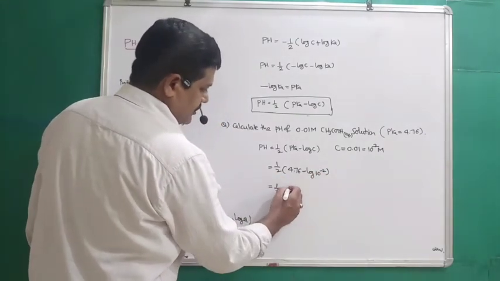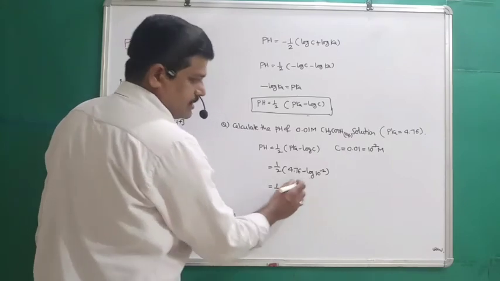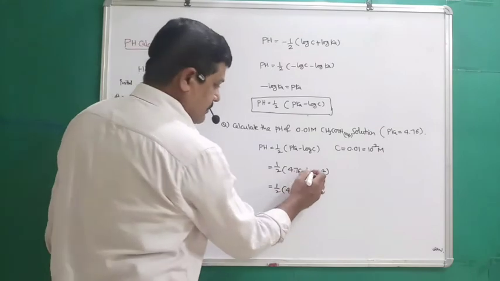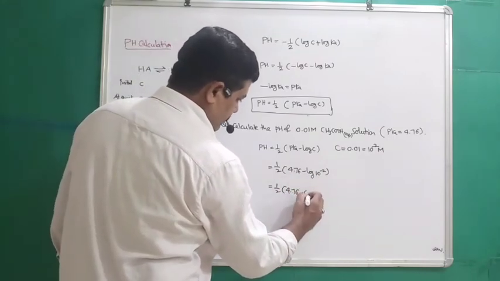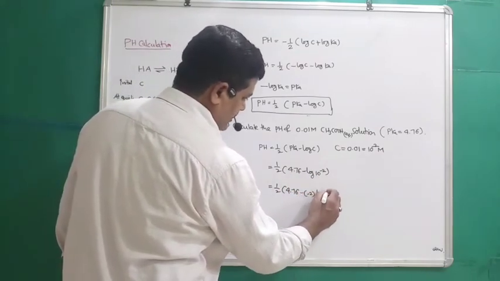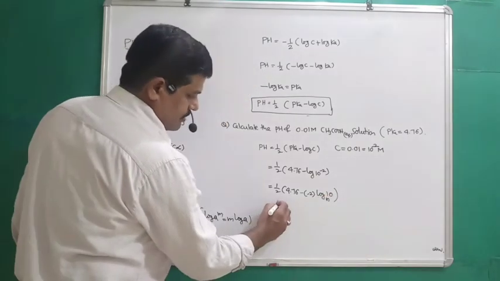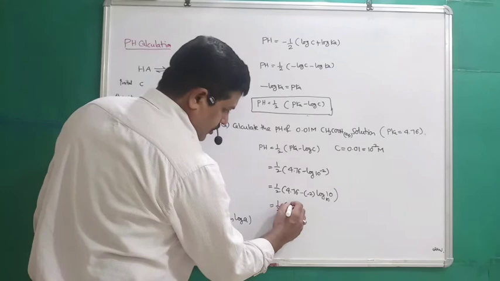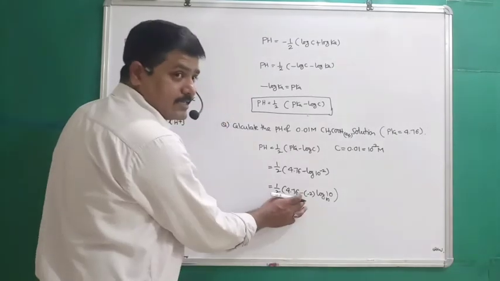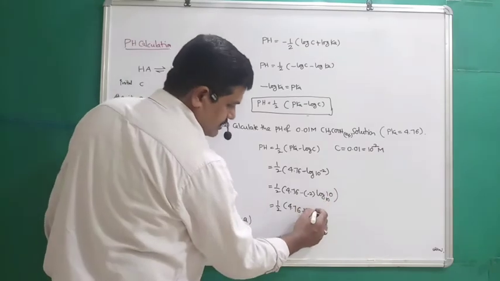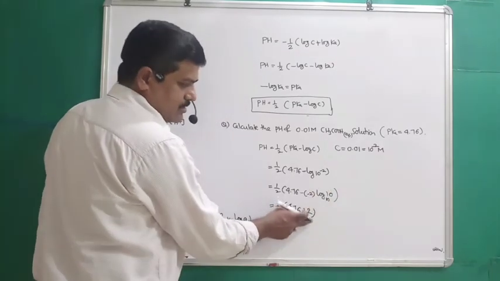So half into 4.76. This is log A power m, which we can write as m log A. So minus of minus 2 into log 10 base 10, which is equal to 1. So 1 by 2 into 4.76, minus into minus is plus 2, log 10 base 10 is 1, so 2 multiplied by 1 is 2 only.